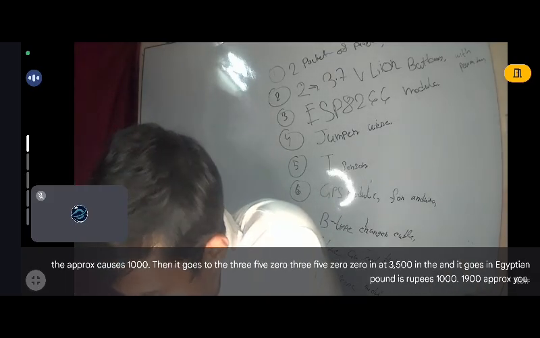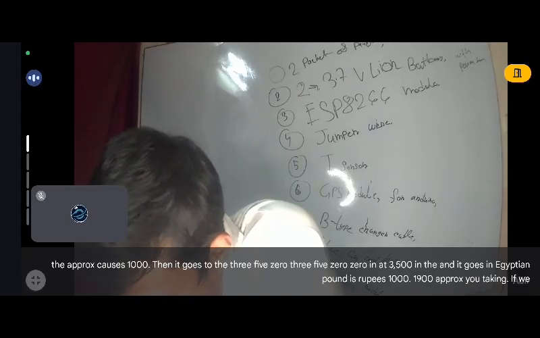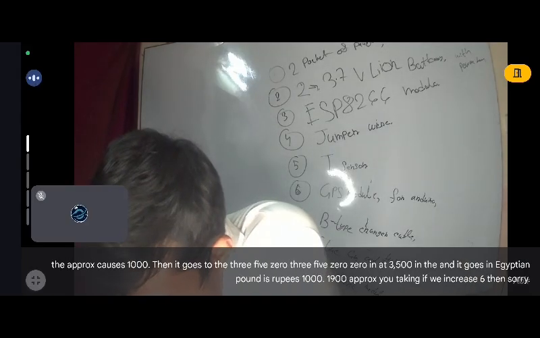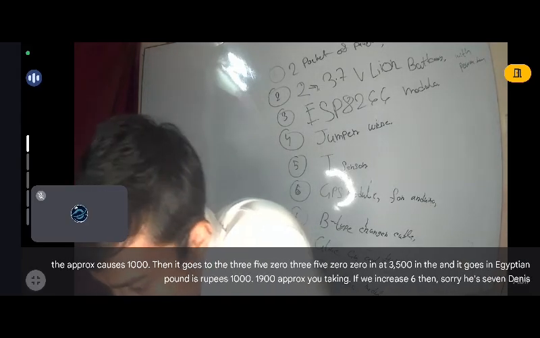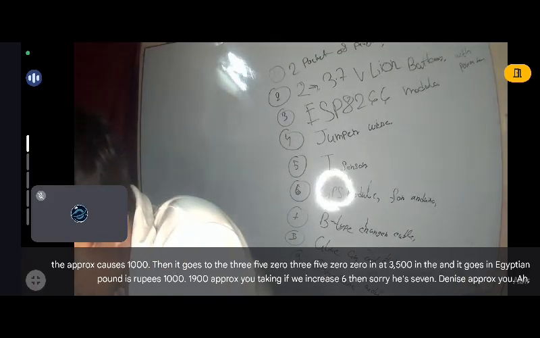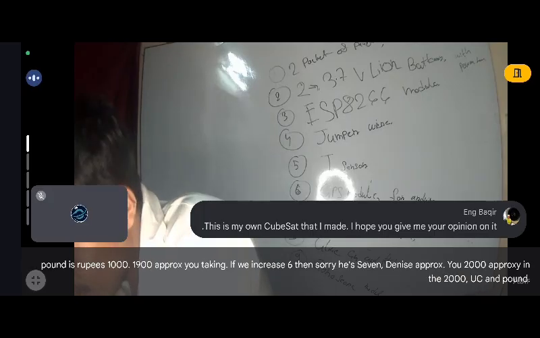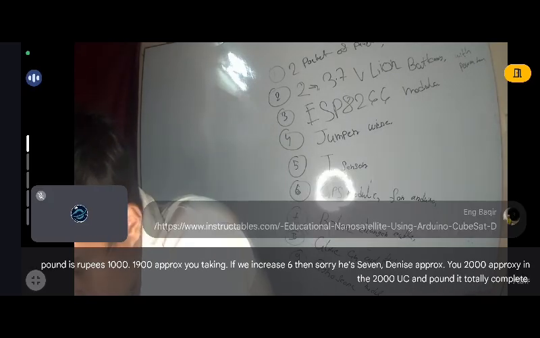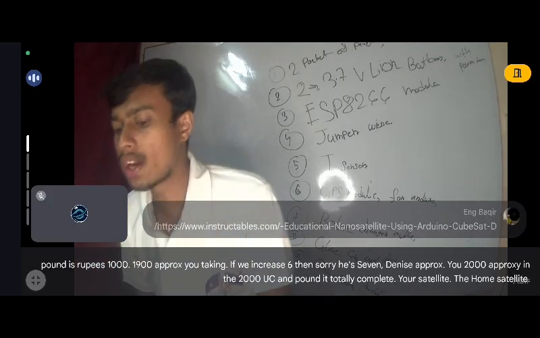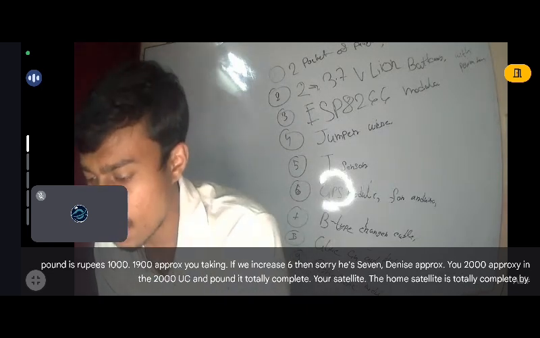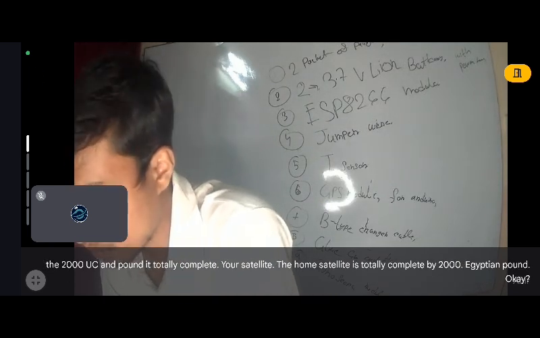Approx, if we increase it, then is approx 2,000. Approx in the 2,000 Egyptian pound it totally complete your satellite. A home satellite is totally complete by 2,000 Egyptian pound. Okay.